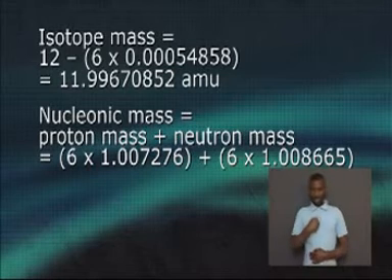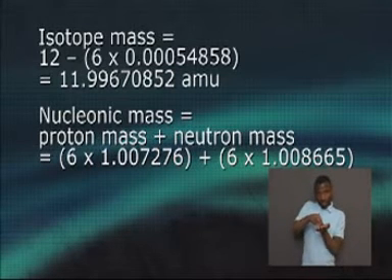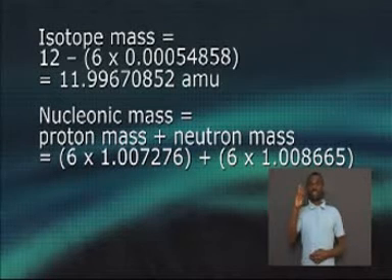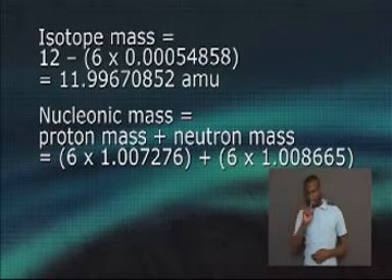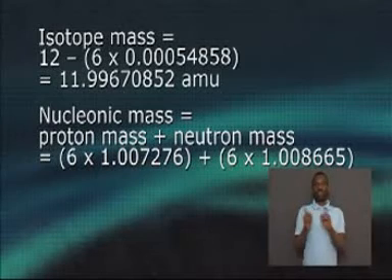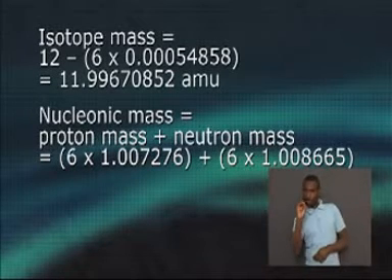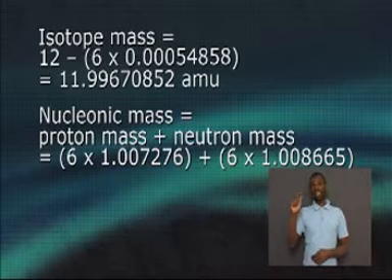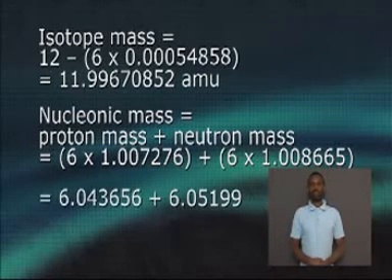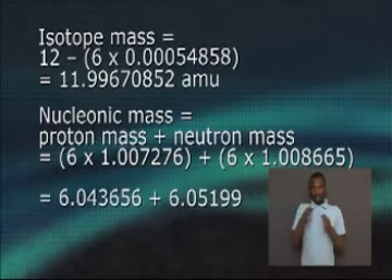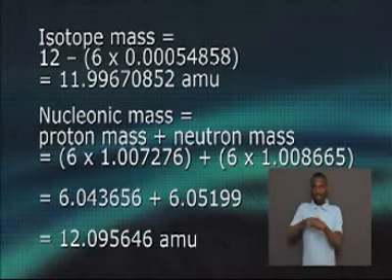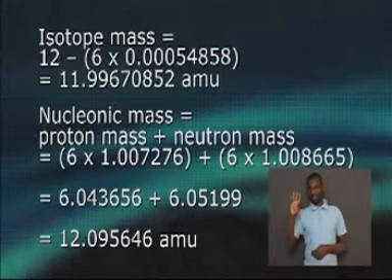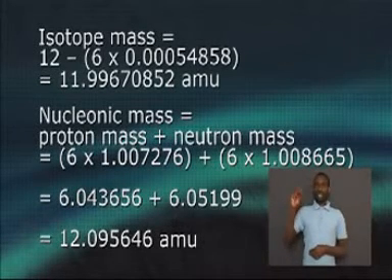We have 6 neutrons at 1.008665 each, which gives us 6.051999 AMU. If we add these together, we get 12.095646 atomic mass units.